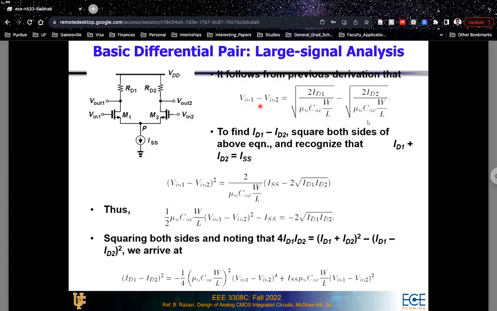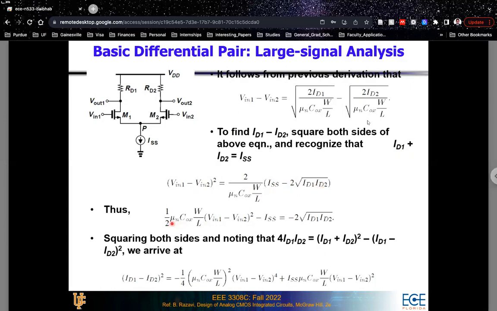So you can write Vin1 and Vin2 in the form of the previous equation, and Vin1 minus Vin2 will be the square root of twice ID1 divided by K minus the square root of twice ID2 divided by K. Now, to find ID1 minus ID2, you can square both sides of the above equation, and you can also use the condition that ID1 plus ID2 equals ISS, and that will give you (Vin1 minus Vin2) whole squared is equal to 2 divided by K times (ISS minus 2 times the square root of ID1 ID2).